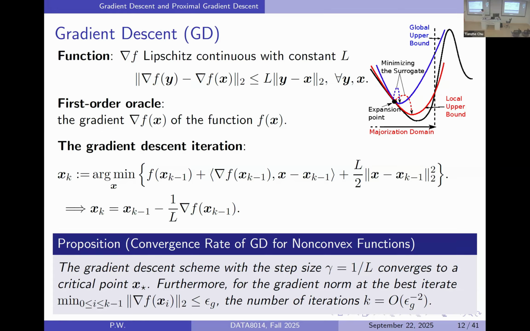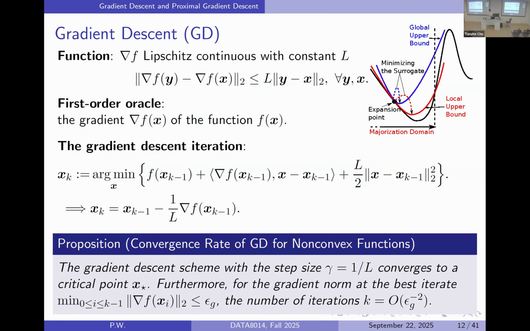The convergence rate is that the minimum gradient norm over the iterates x_i is smaller than epsilon, and the number of iterations k is of the order 1 over epsilon squared.